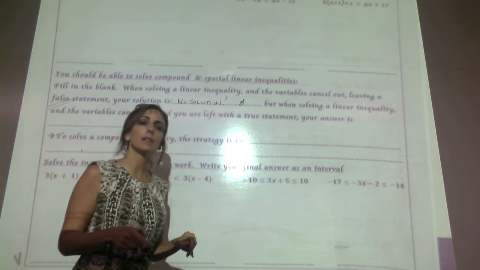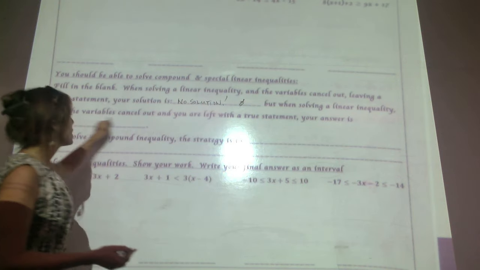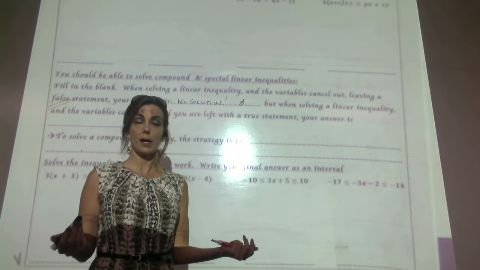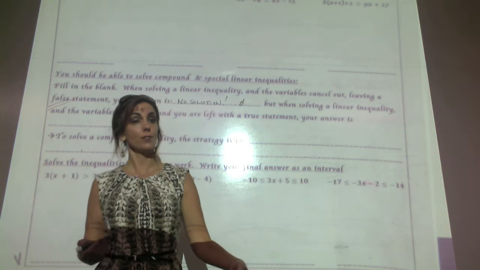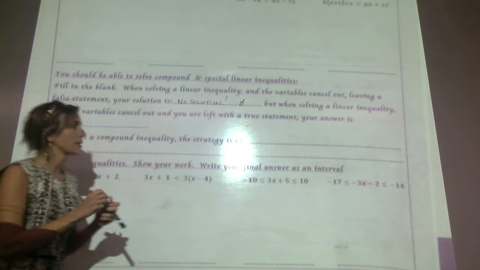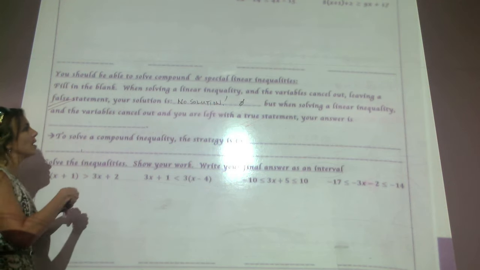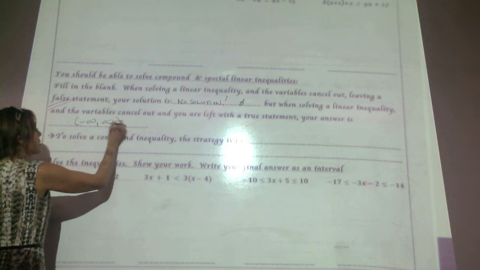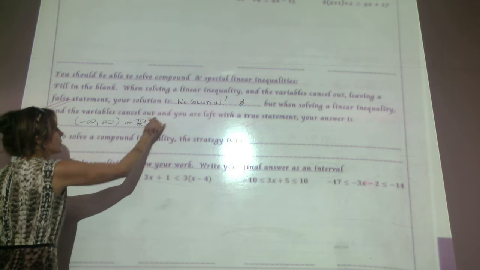But when solving a linear inequality and your variables cancel out and you're left with a true statement, such as 5 is greater than 2, that would mean that your answer is all real numbers. Negative infinity to positive infinity.